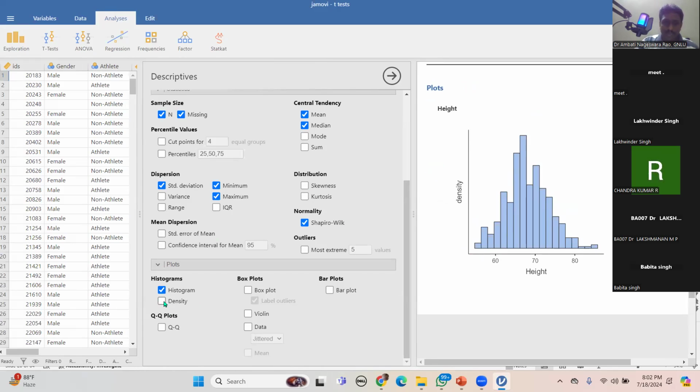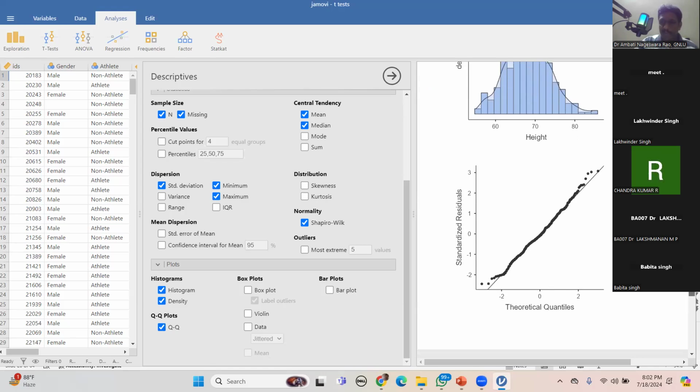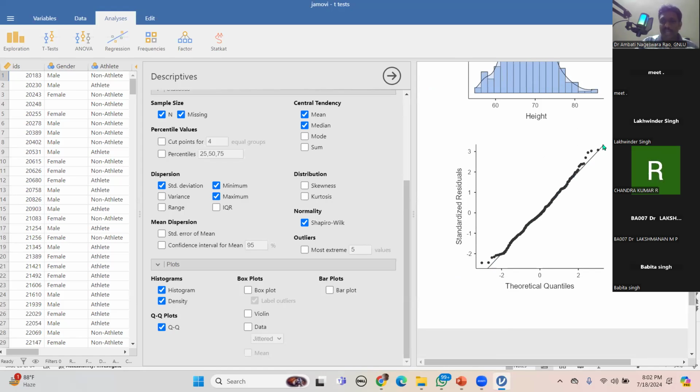I can also keep the density smoothing curve, which indicates clearly that our data is distributed normally. To support it further, I can also see QQ plots. This is the diagonal line, and one can see that my data is clustered around the diagonal line. There are certain outliers, but still it is not affecting the normal distribution of the data.